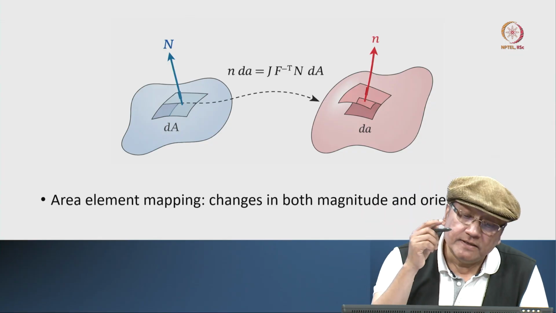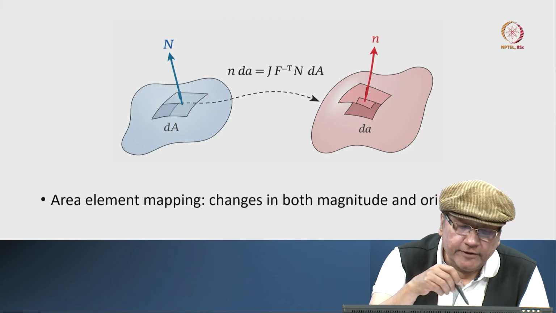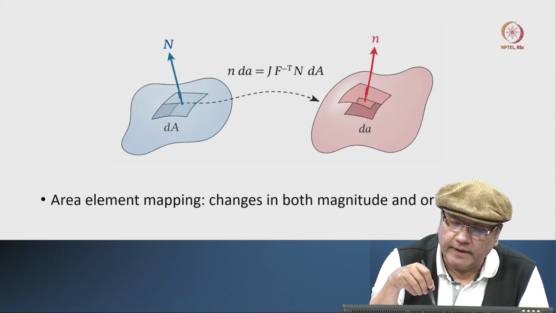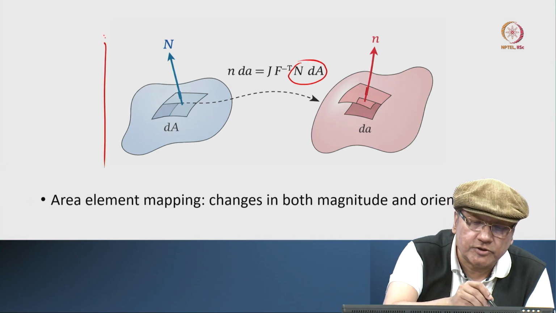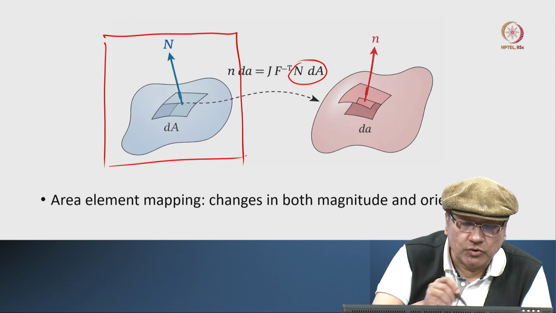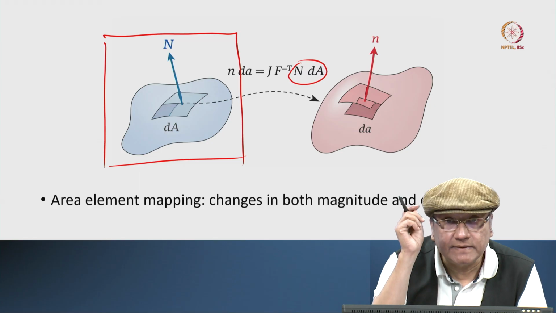right. So therefore this is the important thing, that if you have an infinitesimal area element in the undeformed configuration, which is here. This is my undeformed configuration, right. It is shown here with capital N denoting the normal, right.